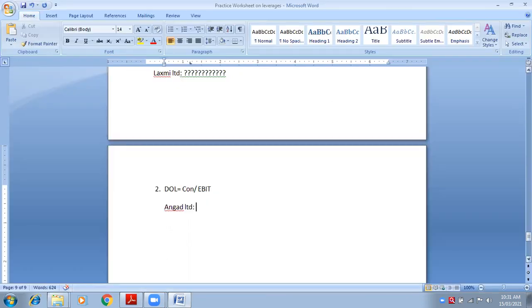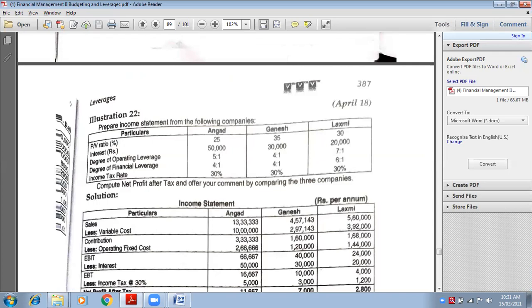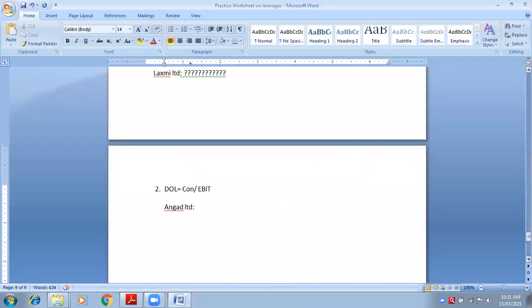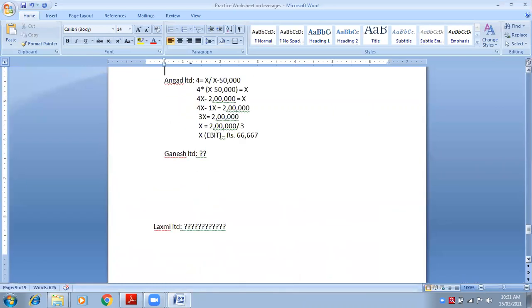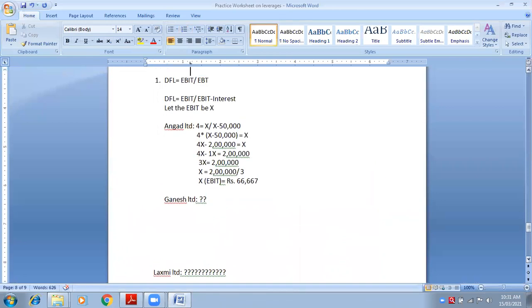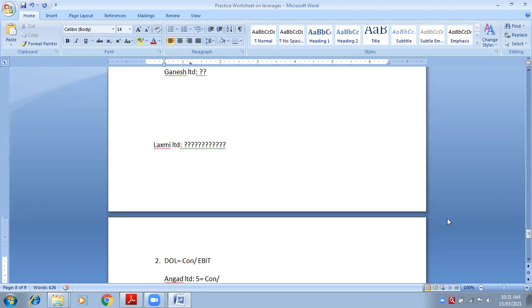Contribution is not given, but DOL is given. So what is DOL in case of Angad Limited? 5. Very good. So here you will write 5 equals contribution, which is not given, divided by EBIT, which we have already found out. So what is EBIT? 66,667.